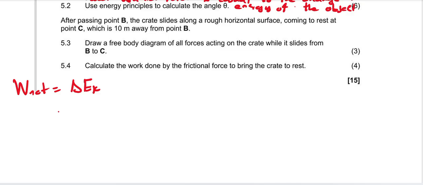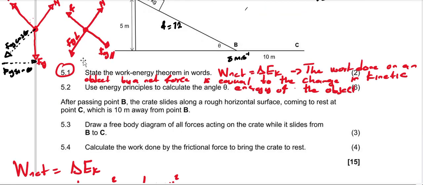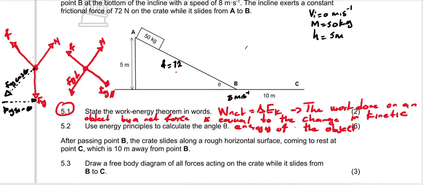Do you get me? So we know that our change in EK is equal to 1 all over 2 mv squared, the final, minus 1 all over 2 mv squared of initial. Do you get me? And now we are referring from point A to point B.